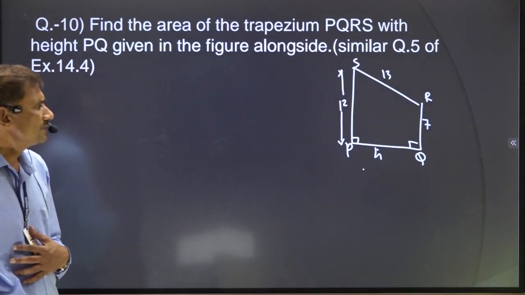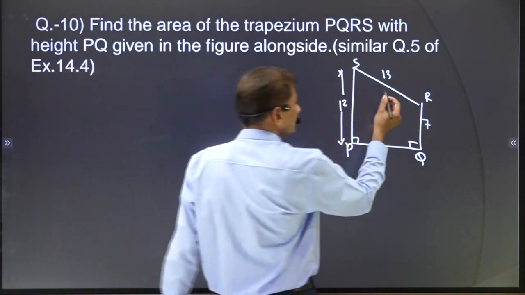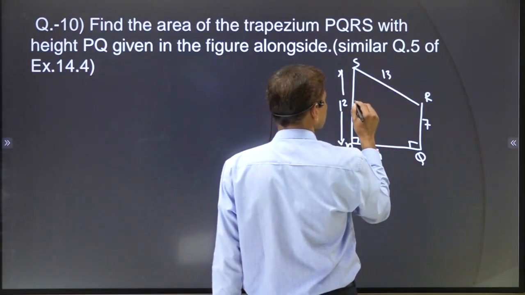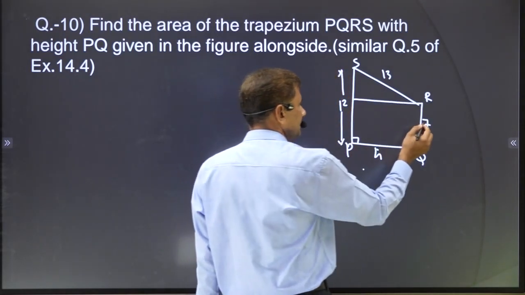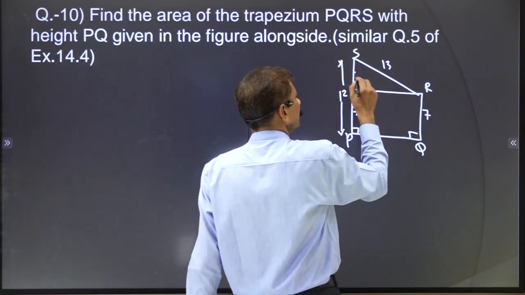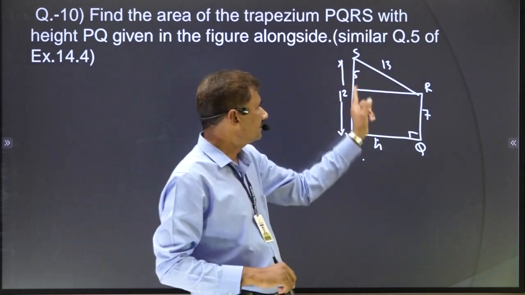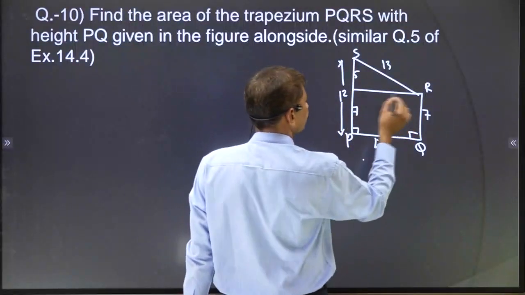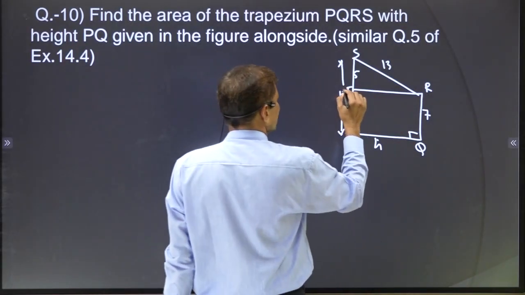Because it is a trapezium, not directly can we get it, but try here. If you consider this as a hypotenuse, then one right angle triangle will form. If this is 7, then this is also 7. Then it will be 5. Why? Total is 12. So we constructed one extra line here. Let it be TR. So TR is constructed here.